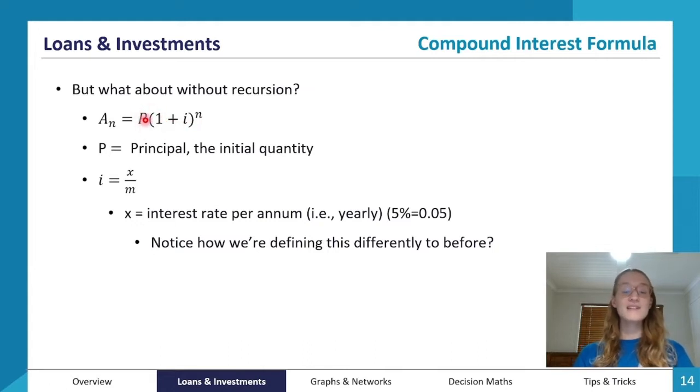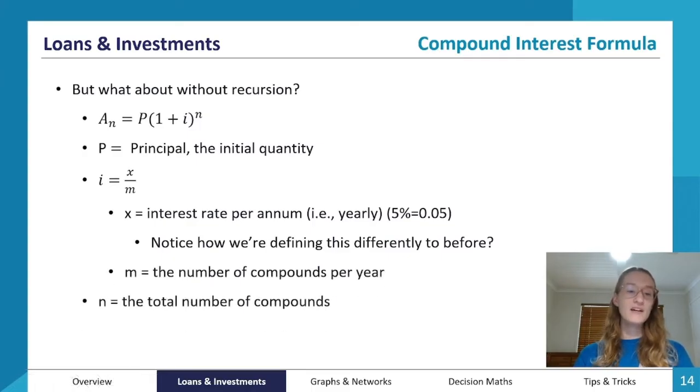So yes, P, principal, our initial value, 1 plus the decimal rate of interest divided by the number of compound periods per year, and then to the power of N, which is the total number of compounds. So say, for example, we had a loan or investment and there was compounding monthly, so 12 times per year over a 3-year time period.